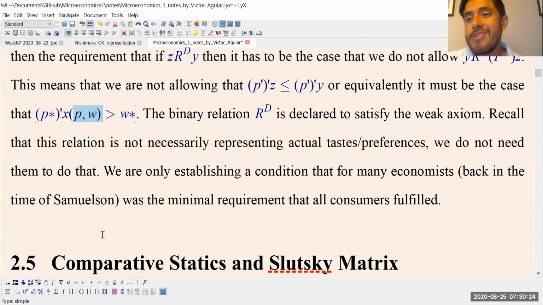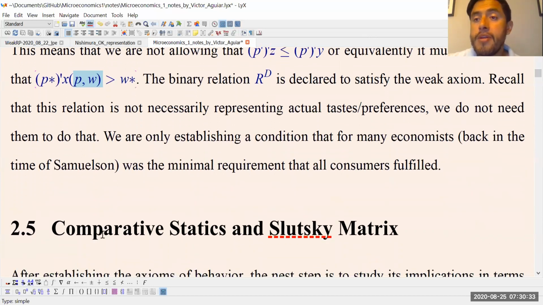So remember, this is the third axiom of a set of axioms that we're now restricting to this particular model, okay? And, as we're almost done with this video, I'm going to conclude with the implications of these three axioms in terms of demand behavior.